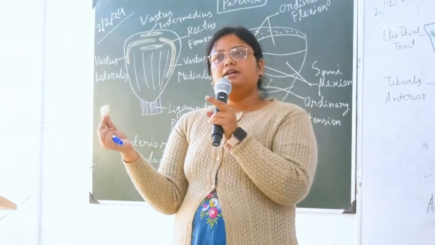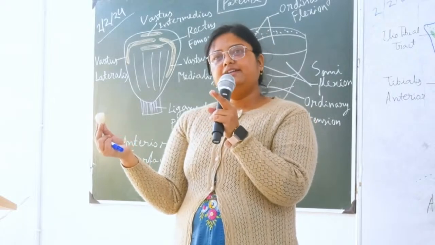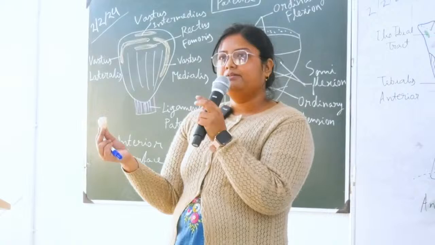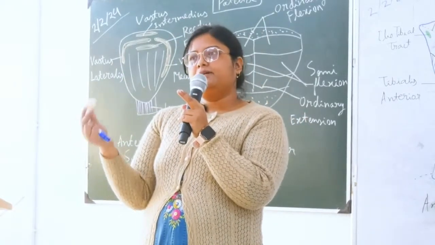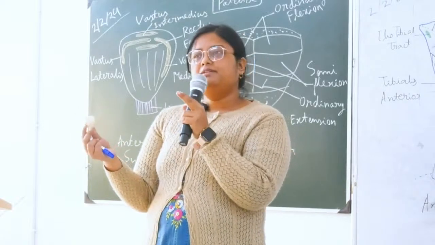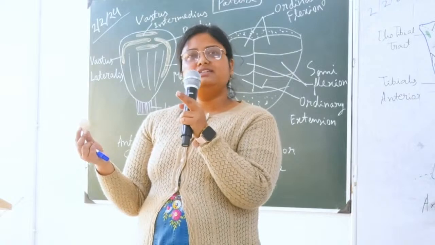So this will be the anatomical position of the patella. So you have understood anatomical position and side determination. Side determination is very, very important. It will be asked in your bones viva. Apex is directed downward, so above and below is done. Anterior rough surface, posterior smooth articular surface, so anterior and posterior is done.